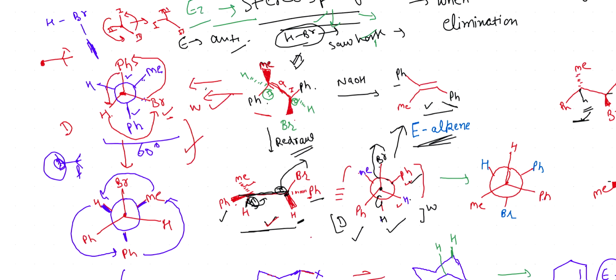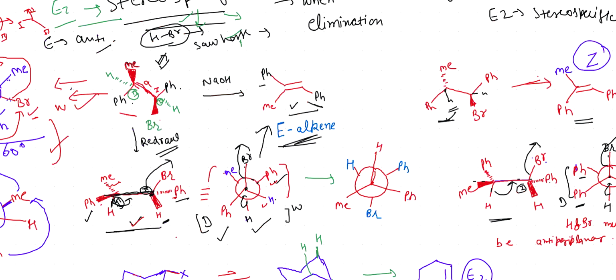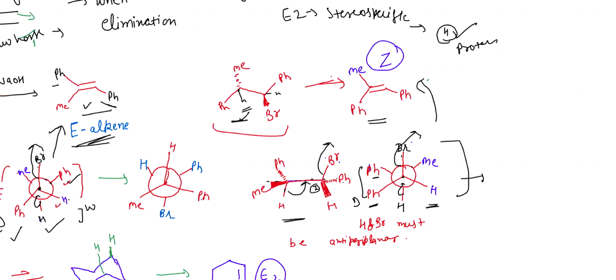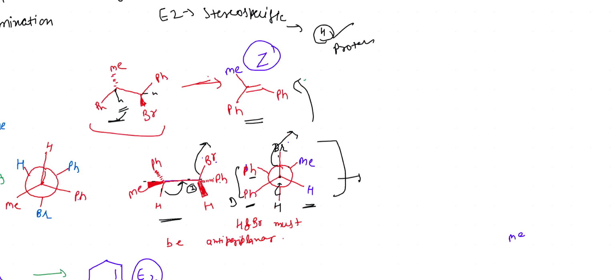Clear? So similarly, you can draw in the case of this isomer also, this one, and I will let you know in this case also to clarify so that there will be no doubt.